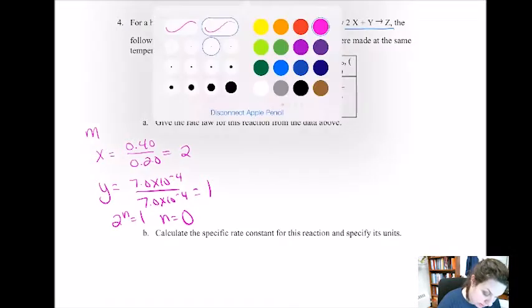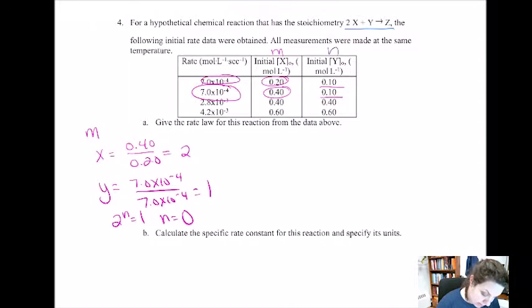Do the same thing for our y, or our n. Look at what values we want to use in this case. Here is an instance where we're keeping our X concentration the same, but changing our Y concentration. So we'll use these values.